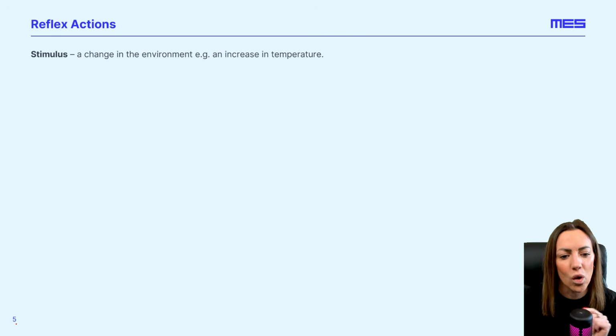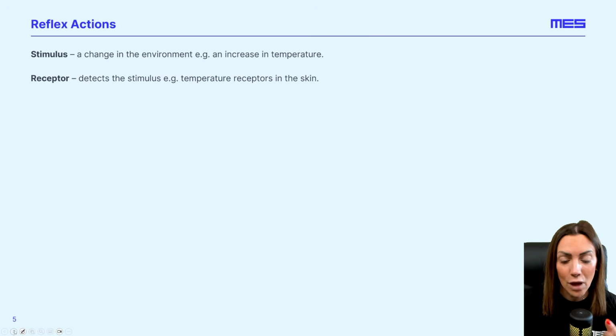Let's go through all of these key parts then of a reflex action. So you've got some nice definitions. The stimulus is a change in the environment that you need to respond to. So it might be an increase in temperature, it might be an increase in light intensity. The receptor is a cell that detects the stimulus.